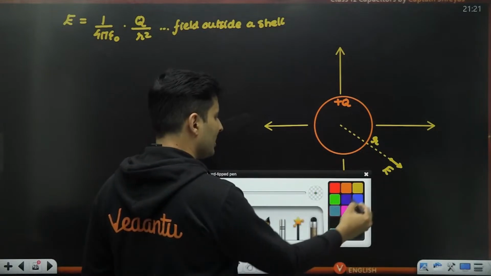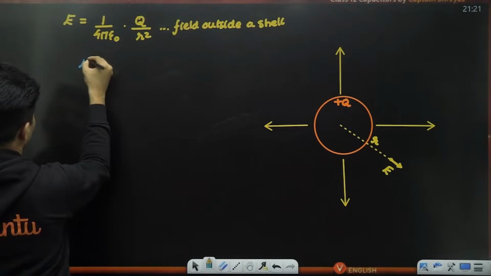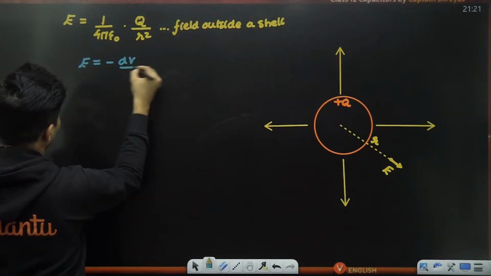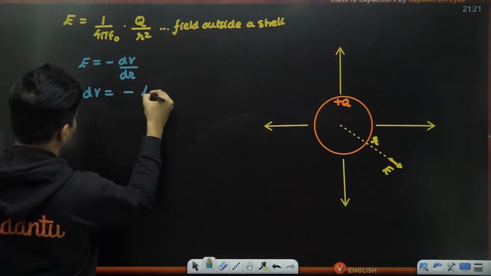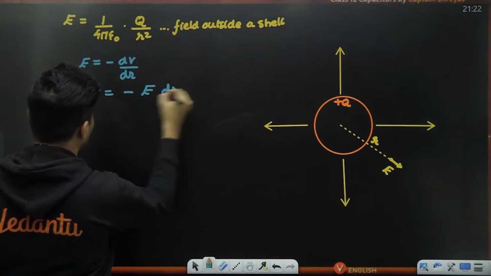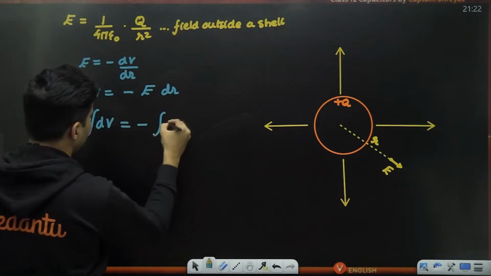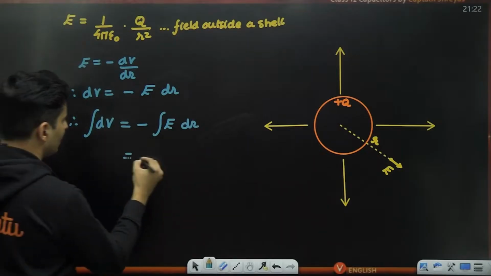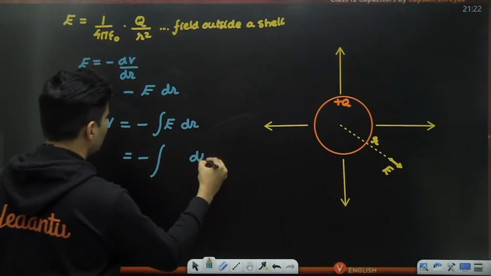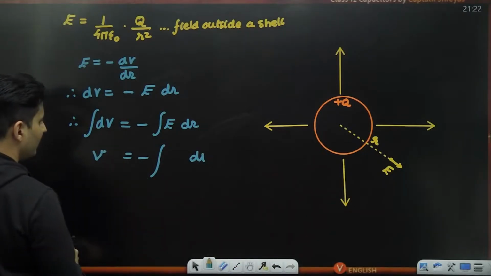This formula we have seen before. Now use this method: since E is minus dV by dr, therefore dV is nothing but minus E dr. Then integrate this. Integral dV is minus integral E dr, and that's how you will get it. Integration of dV is basically the total voltage difference.